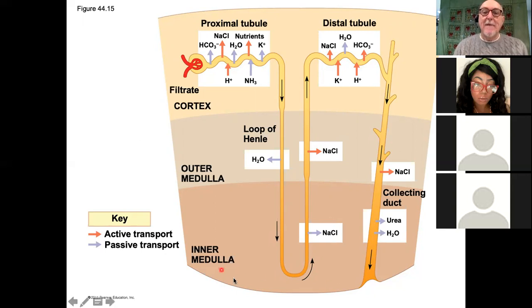First of all, the kidney tissue itself maintains a particular environment: there is a lower concentration of solutes out here in the cortex area than there is here in the medulla. And there are two significant solutes present in the tissues. One is sodium chloride, but the other is urea.